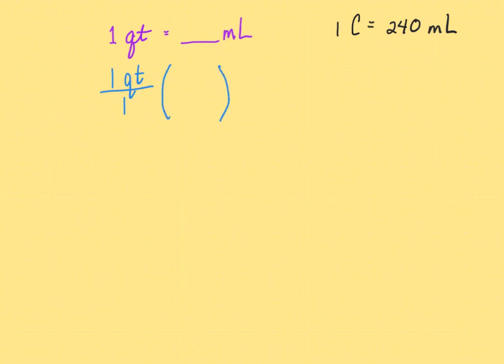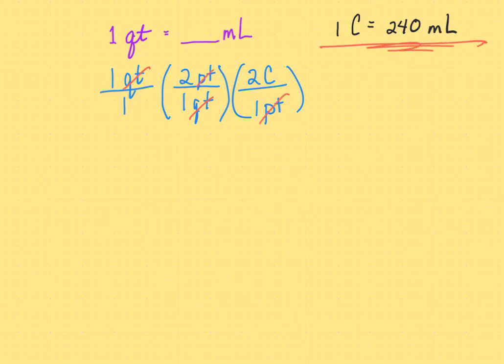Let's see, 1 quart equals 2 pints. And 1 pint equals 2 cups. Let's see, I'm going from quarts to milliliters. What have I canceled so far? I'm down to cups, and now I can use the conversion factor I gave you.